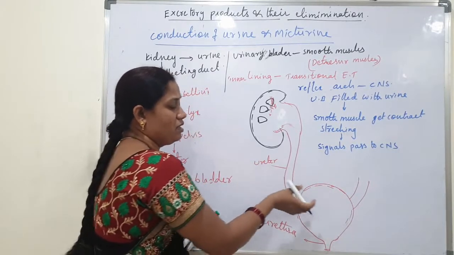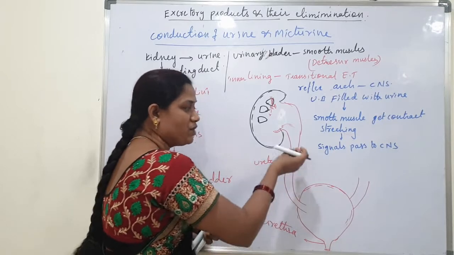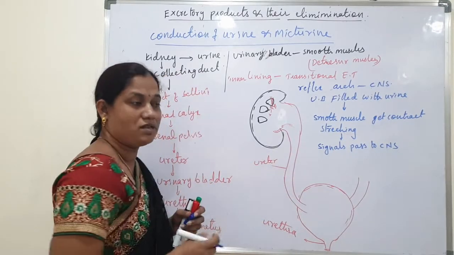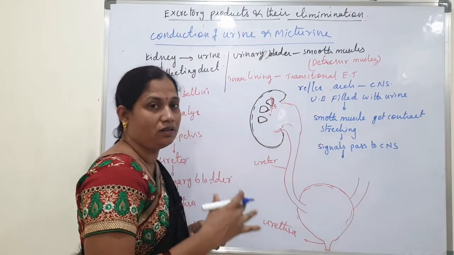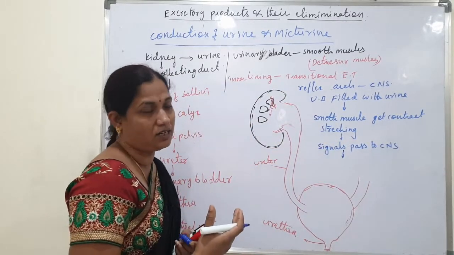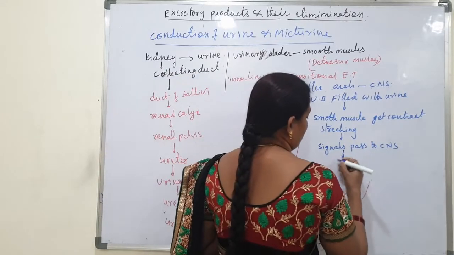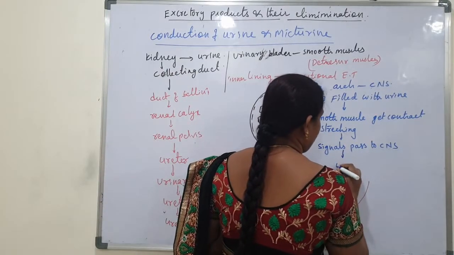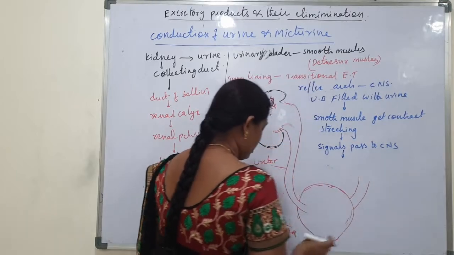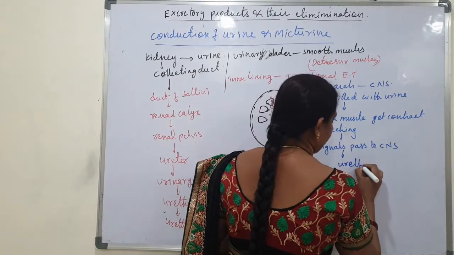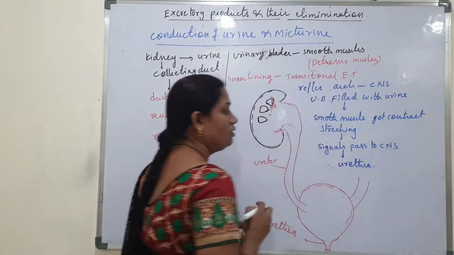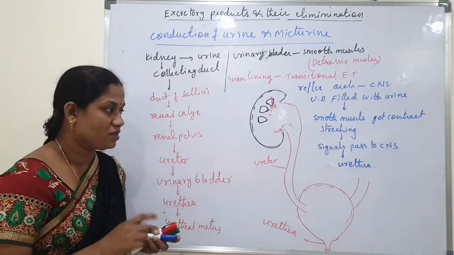In the CNS, that information is analyzed. Then the signals pass through the central nervous system to the urethra.